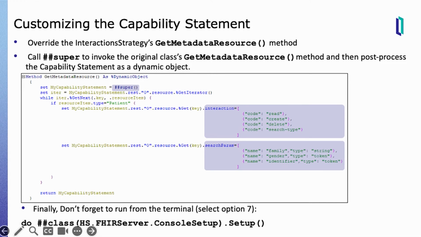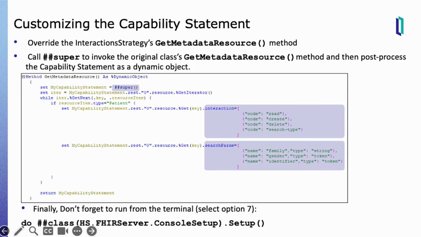So I'll have the capability statement as a dynamic object, and then I'll just loop through all the resources over there. Instead of creating the whole capability statement from scratch, just run the super, get everything in it, and just override the specific places that I want to override. In this case, I've overrode the interactions that I'm supporting and the search parameters that I'm supporting according to the code I've just created.